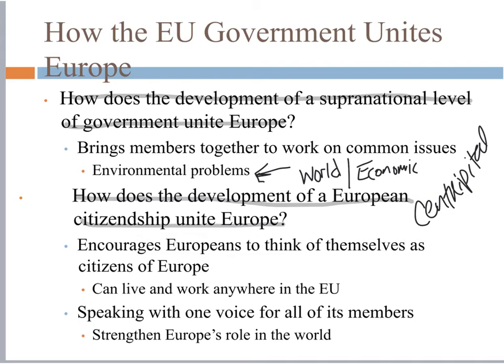If I lived in Germany, I would want to go to Italy and eat Italian food. But if I had to go through and change my currency, I had to go through and show a passport in 4 different countries just to get to Italy, I probably wouldn't go. The EU allows me to travel freely across Europe. And remember, Europe's not that big. It's about half the size of the United States. So people do want to be able to travel.